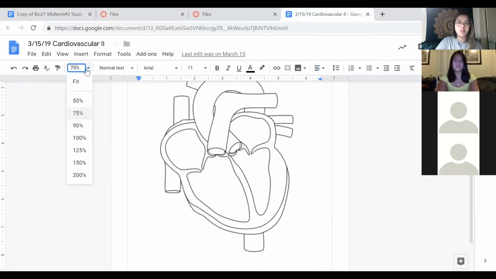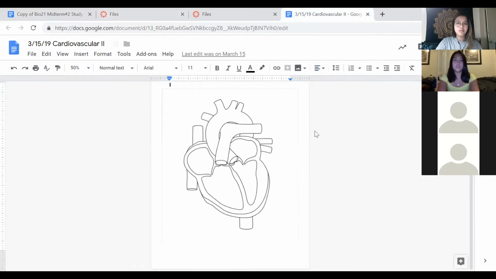Let me pull this up. I don't know if this is hard to see, but if you remember, what are the four main parts of the heart, Kaela? There are four chambers: the right and left atrium, and the right and left ventricle.